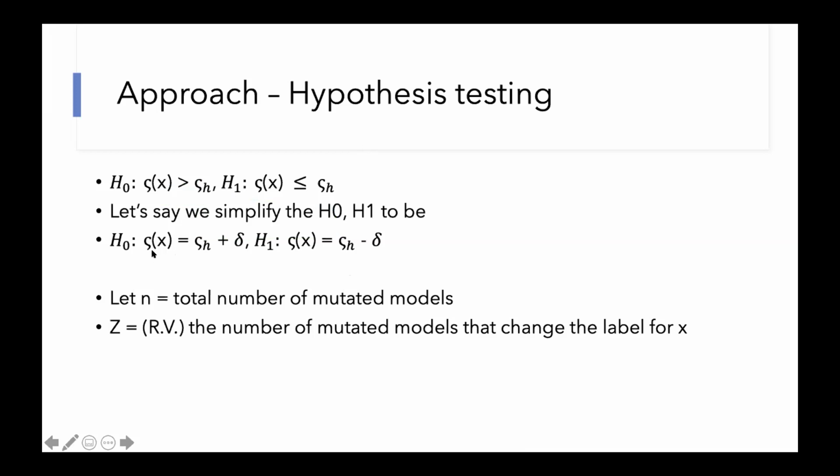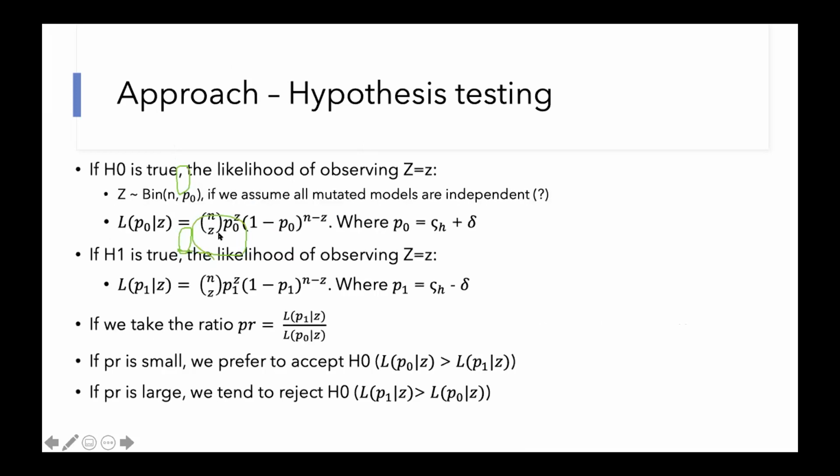Because we want to test some kind of equality instead of inequality. It is very hard to test a p that is larger than epsilon h, but we can specify p to be a specific number here. So that's why we can write the likelihood like this. Otherwise, the p0 and p1 cannot be a specific number.